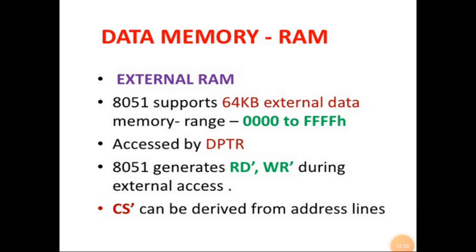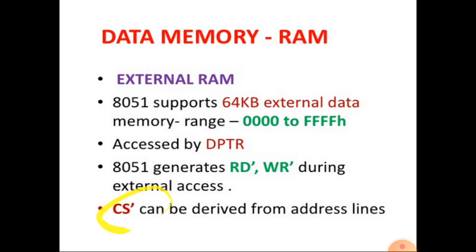Here the 8051 supports 64 kilobytes of external data memory. It ranges from 0000 to FFFFH, and it is accessed by DPTR, and it generates read and write signals during external access.